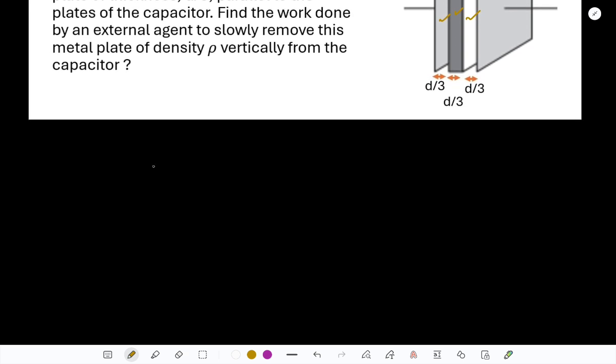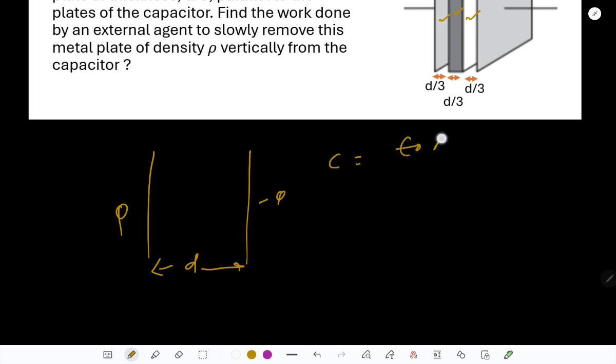If I take a simple capacitor as this one, charged plus Q and minus Q, and the separation between the plates is D, its capacitance can be simply written as epsilon naught A by D. A is the plate area, that is basically in this case A square by D. This is the capacitance of the plate.